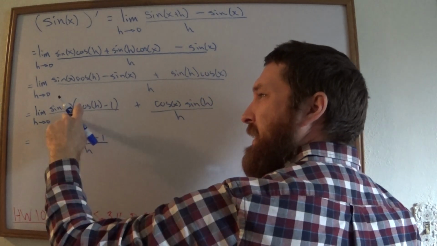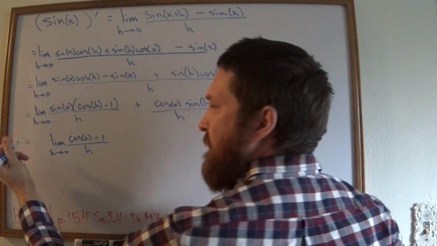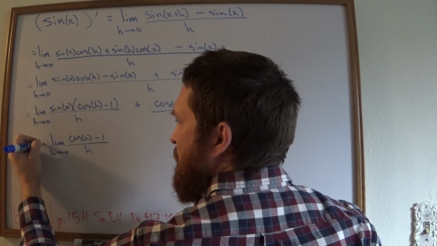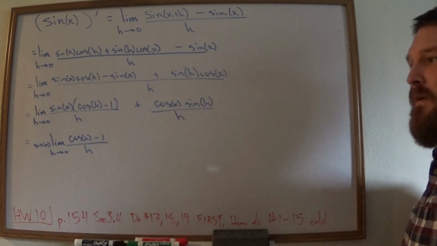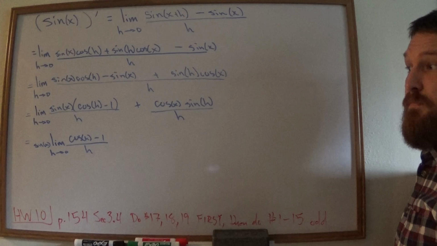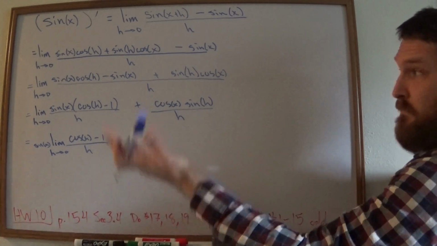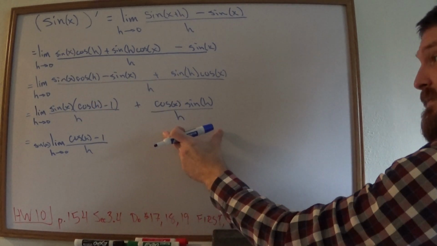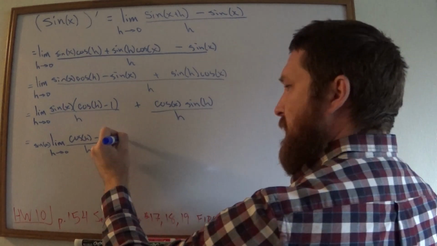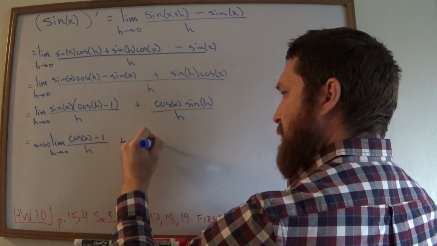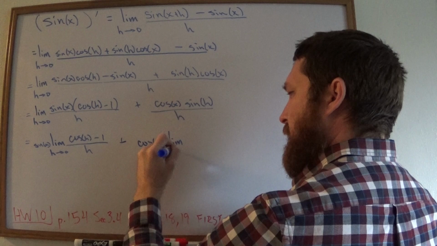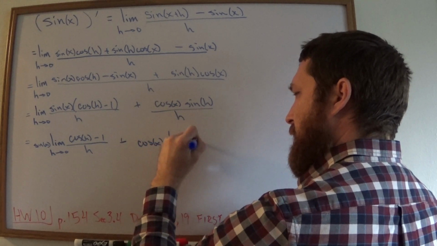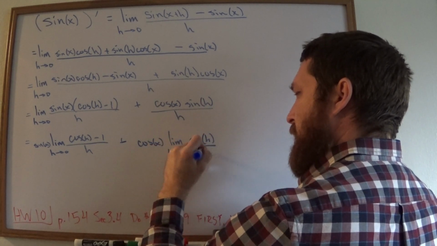That constant x could just come out. That sine is not going to change as I change the h. So it's a constant. I can just pull it out, right? No problems there. I could take the limit of this, ditto with that. Cosine x is just right there. Cosine x, limit as h goes to 0 of sine h over h.